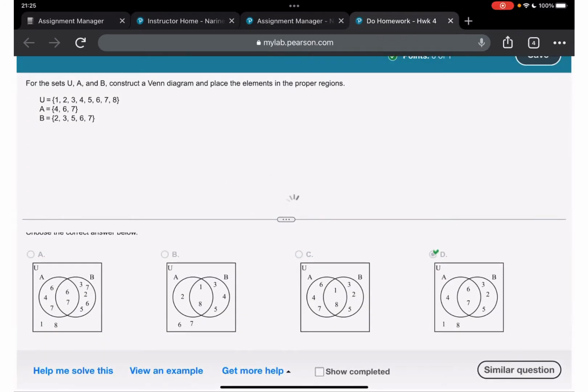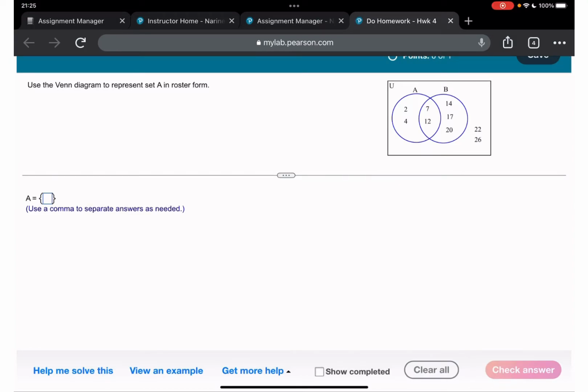Good job. Moving to question number 3. Okay, now what do we have here? We are using a Venn diagram to represent set A in roster form, meaning we have to mention the elements of set A and separate them with commas.